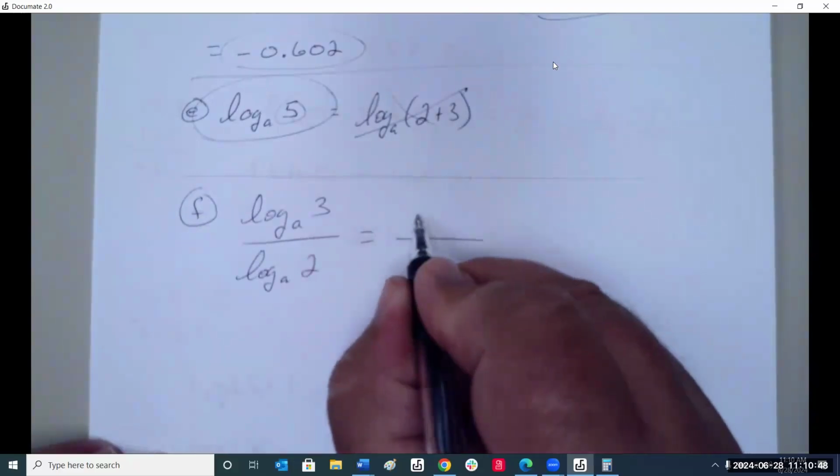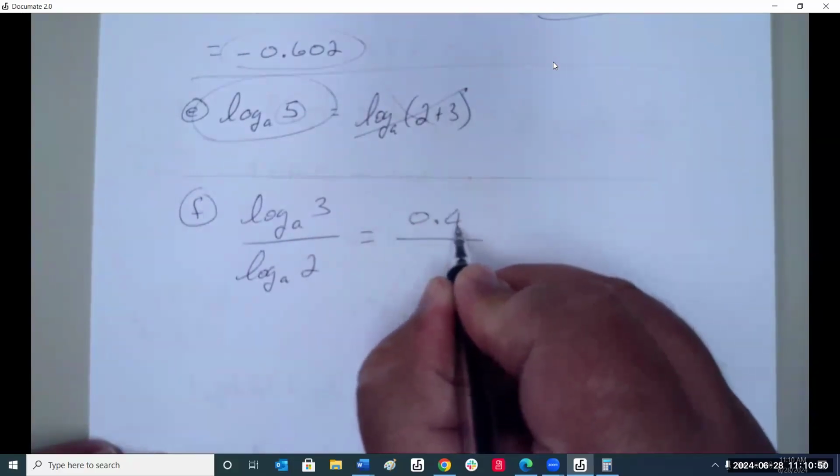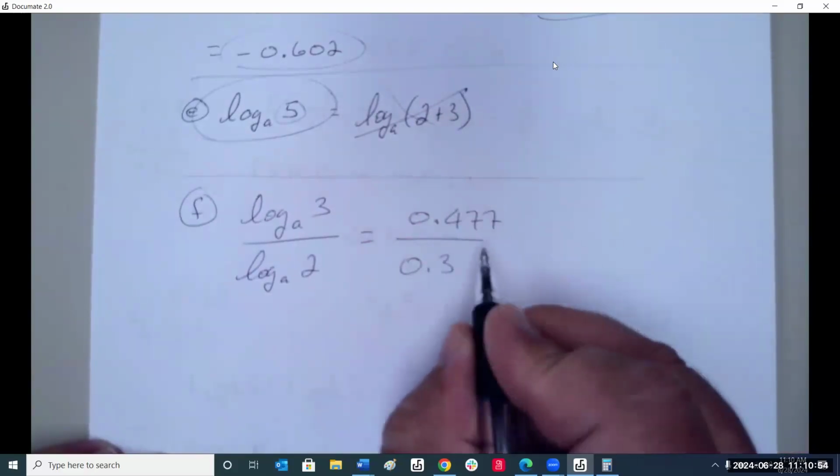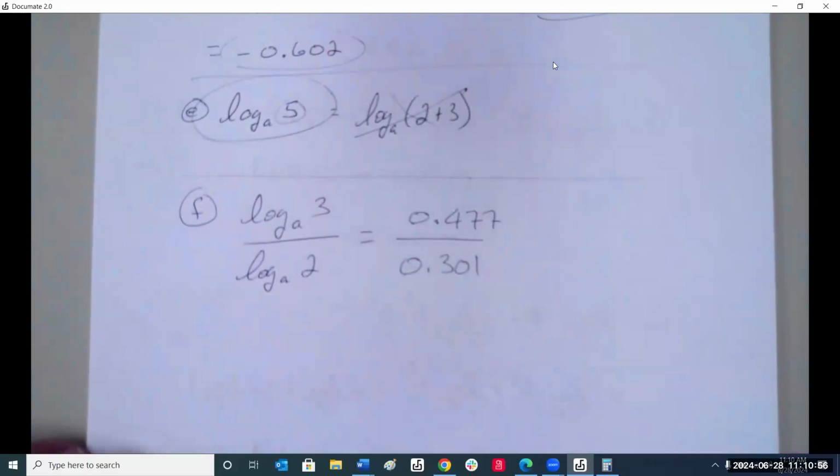Log base A of 3 is 0.477 over 0.301. And whatever that answer is, that answer is. And there's your answer. Or if you want to, put it in a calculator.